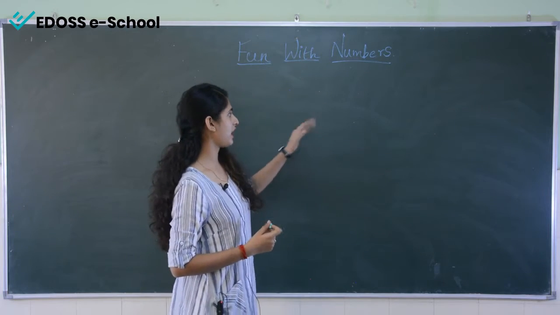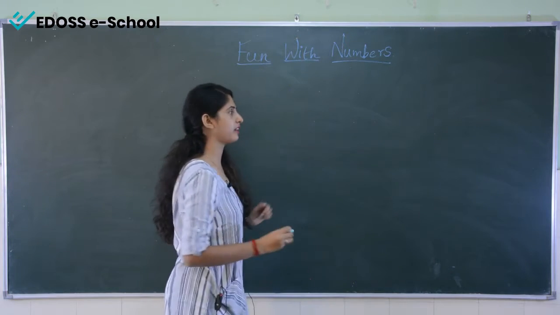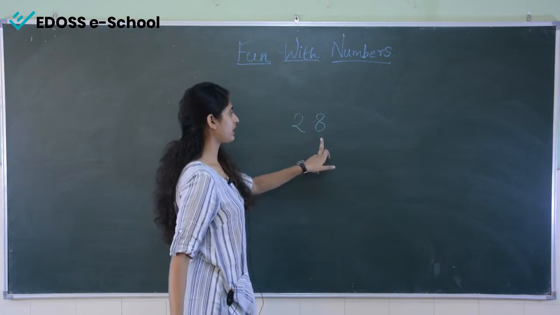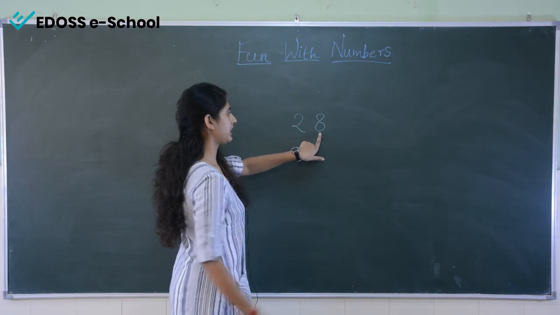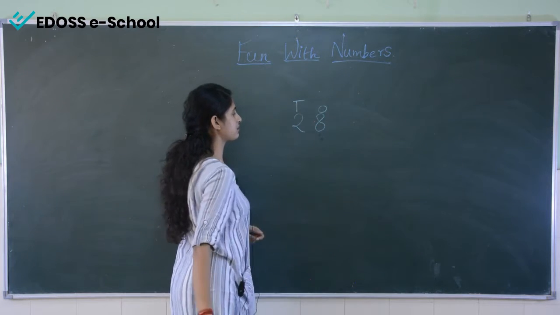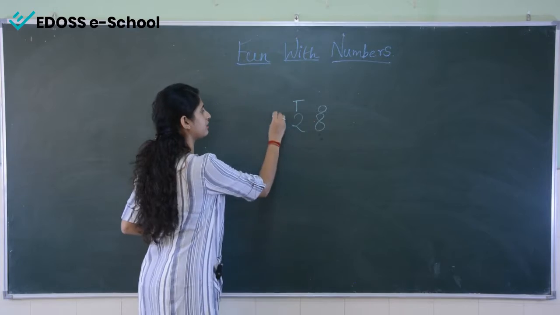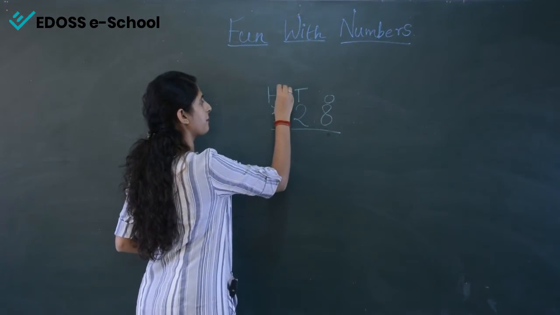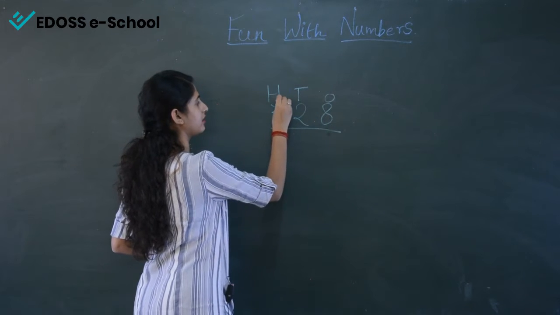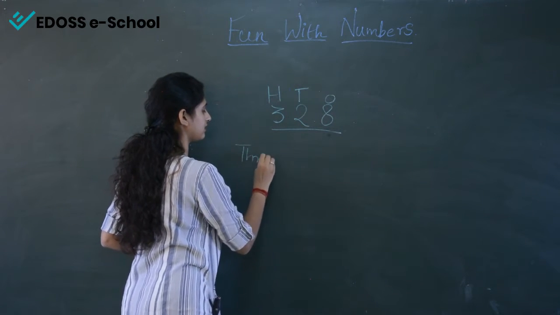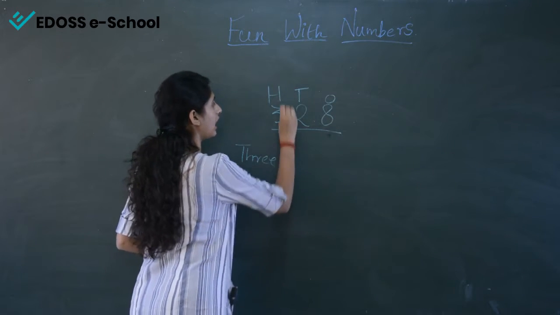First I'll talk about a number less than 100, that is 28. Here 8 is at 1's place and 2 is at 10's place. If I add 3 here, 3 is at 100's place, so I can write it as 300.